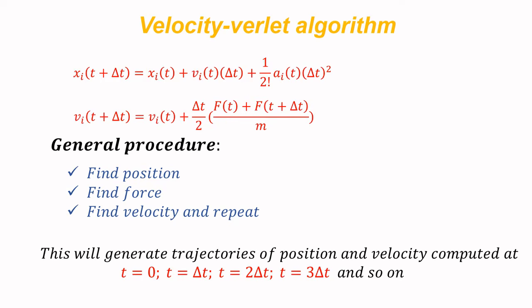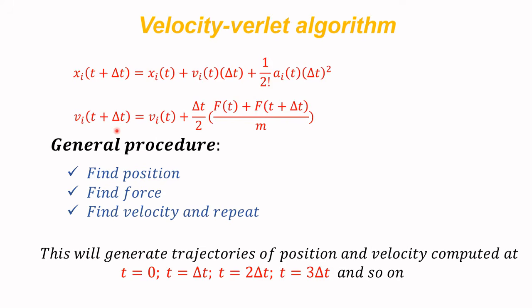And we have another equation here to find the velocity of the particle, because in molecular dynamics, as I talked about classical mechanics, we are always interested in calculating the position and velocity of the particle. We are not only interested in the position, but also in the velocity.